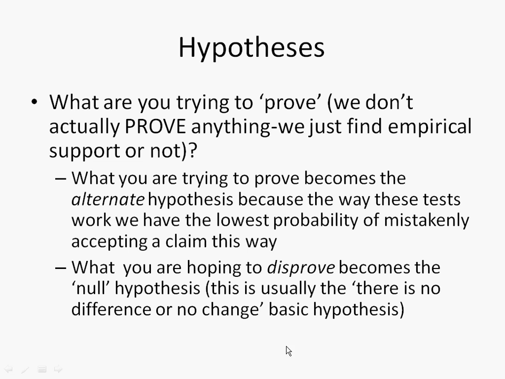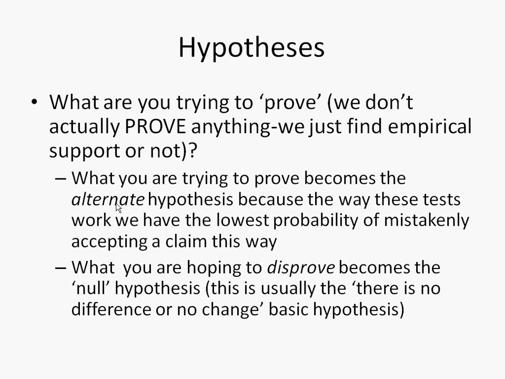So, what are we trying to prove, or in other words, what is our claim? That becomes our alternate hypothesis. The way we set this stuff up is we set up what we want to prove, our claim, as the alternate hypothesis, because that gives us the lowest probability of mistakenly accepting a claim when the claim is actually wrong.